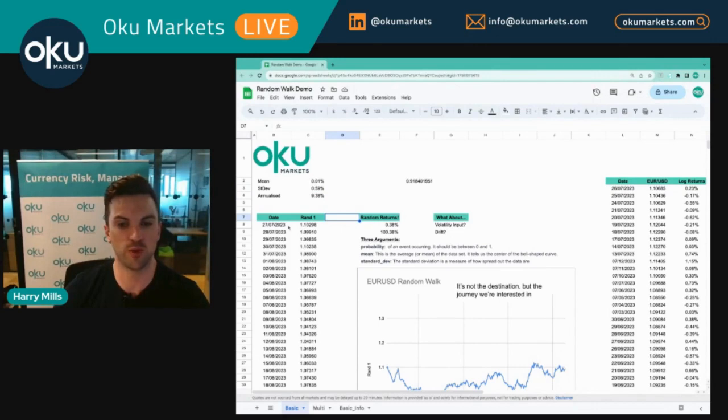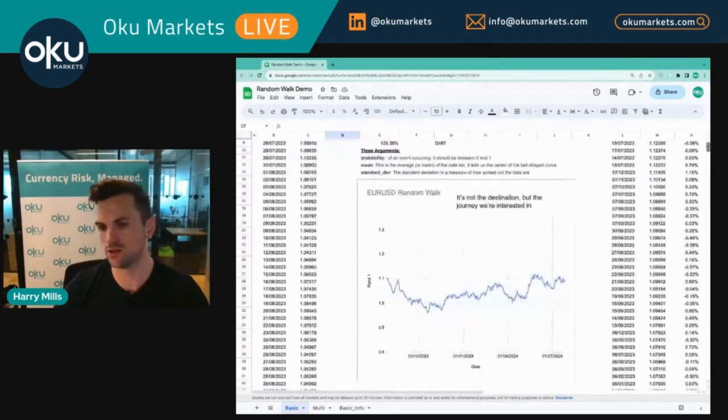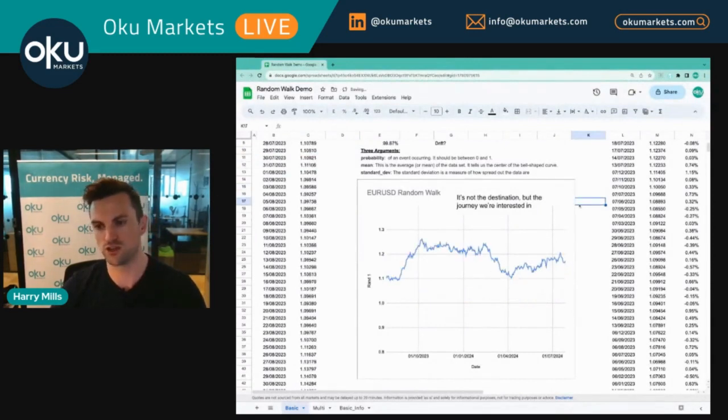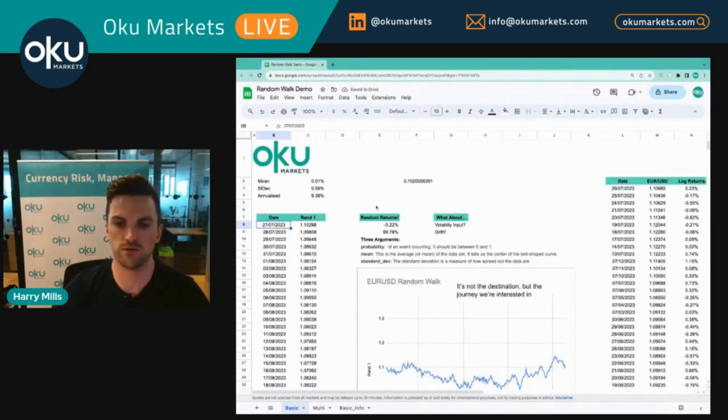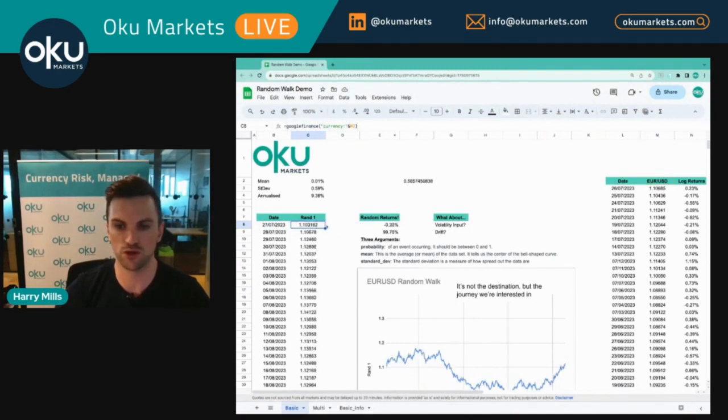How do we start to prepare the random daily changes? So we'll just scroll down a touch, and you can see this is our chart here. I can refresh that, and it's going to give me nice new random pathways. So starting with today's date, the 27th of July, you can put any number in here. I've used Google's Google Finance function to bring me the current euro dollar spot price, so 110.31-ish.